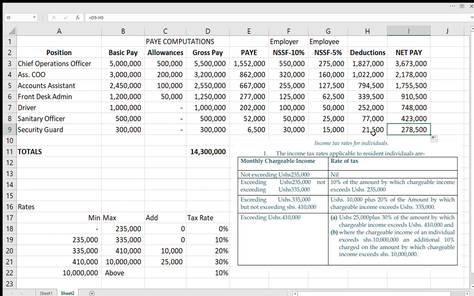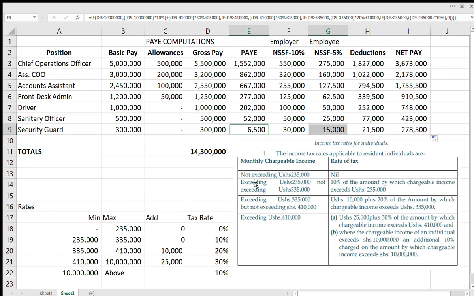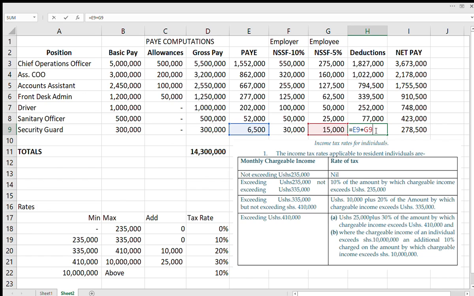So the deduction for this security guard will be the 15,000 shillings plus the 6,500, making the total of 21,500 shillings. So that's how we calculate the net pay.